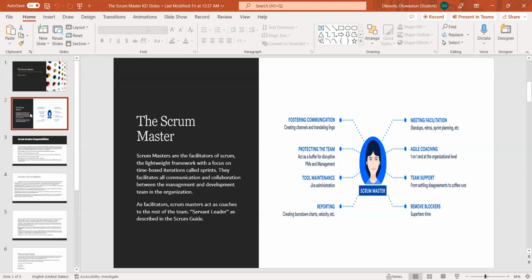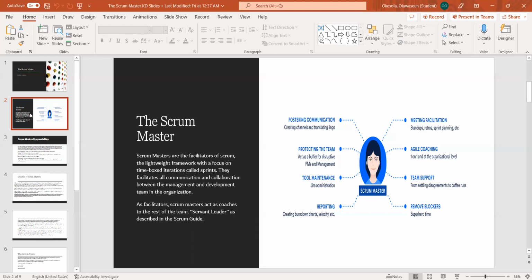The Scrum Master also protects the team, right? He acts as a buffer for disruptive PMs and management. In terms of protection, the Scrum Master protects the team from overcommitting. When the team is seated during sprint planning to go into a new sprint, the Scrum Master ensures that the development team does not commit more than they can deliver, right?